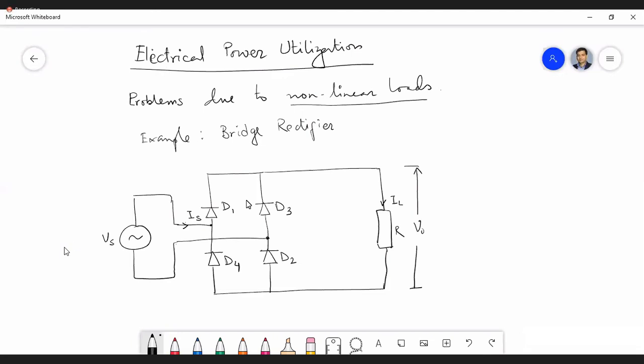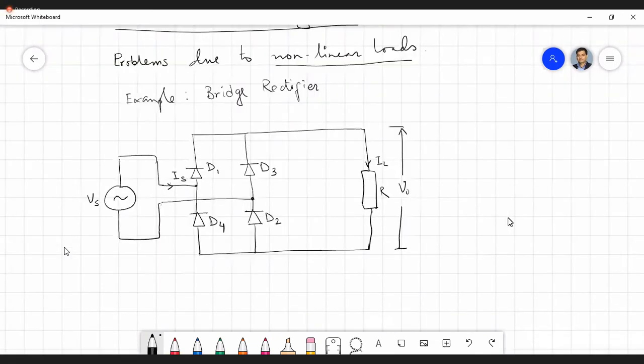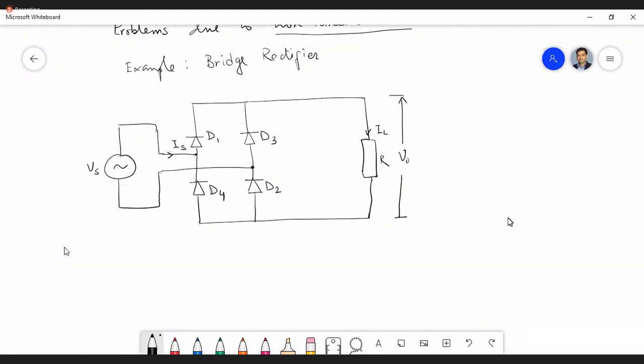Okay. Now, if this is the circuit, this is the circuit of a bridge rectifier. Everybody knows. Then what will be the output voltage waveform and output current waveform also?